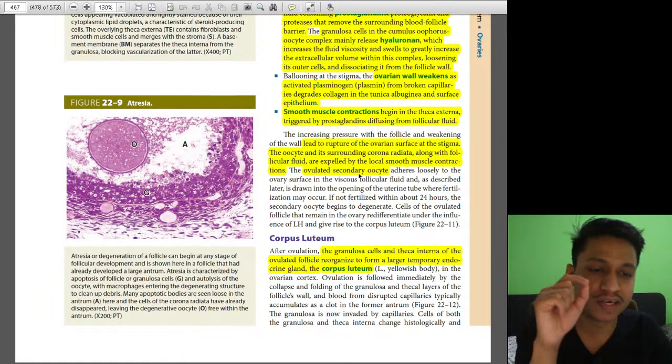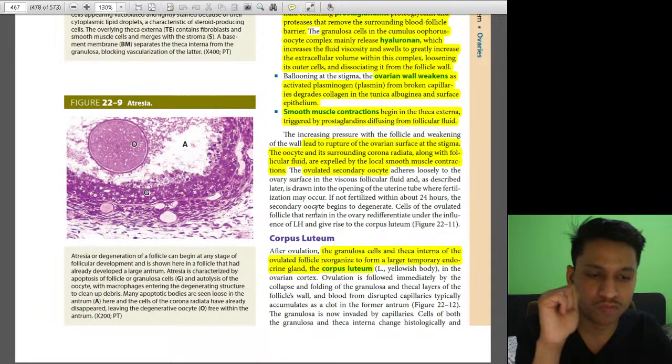The ovulated secondary oocyte, we know that this oocyte is a secondary oocyte, adheres loosely to the ovary surface in the viscous follicular fluid, and as described later, is drawn into the opening of the uterine tube where fertilization may occur. If not fertilized within about 24 hours, the secondary oocyte begins to degenerate.